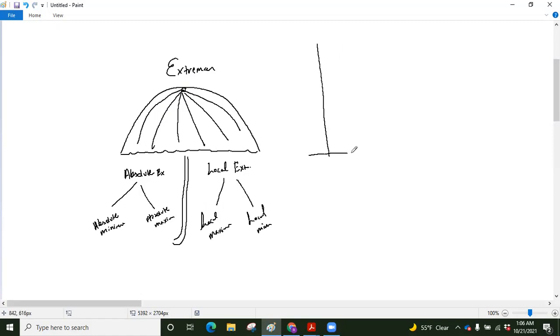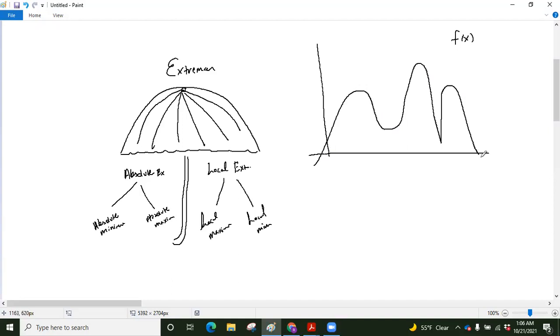If we're looking at a graph here that is a function that looks something like this, and I were to innocently ask you what's the highest point and what's the lowest point of the graph, perhaps you'd say this is the highest point, and looking throughout the graph, this is the lowest point, excluding the endpoints for now.